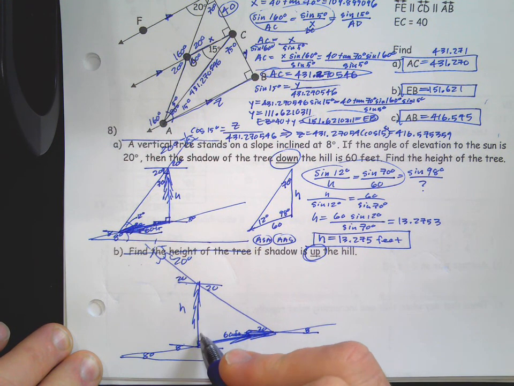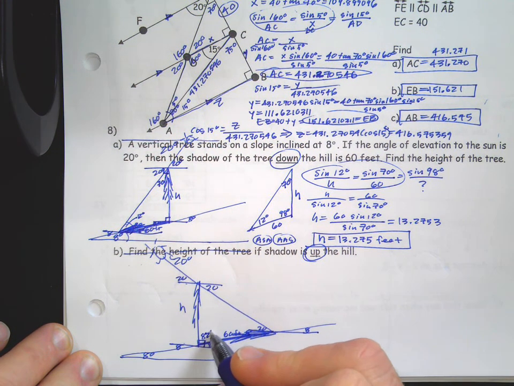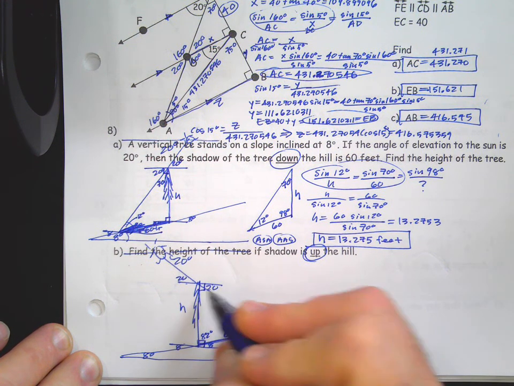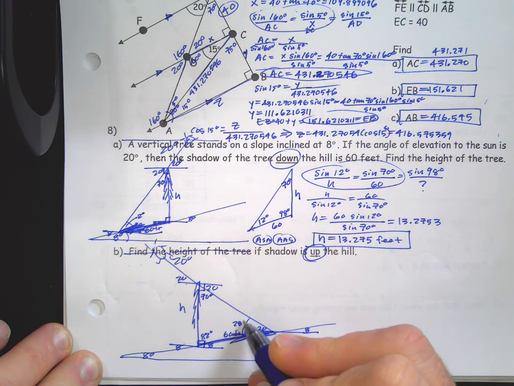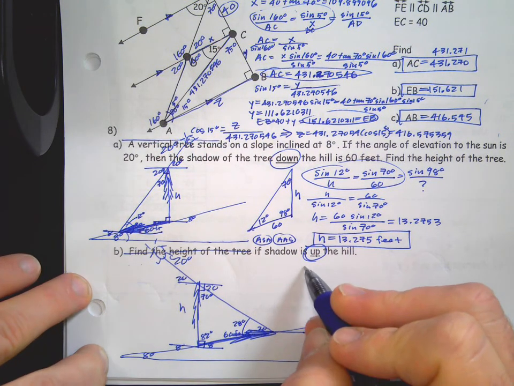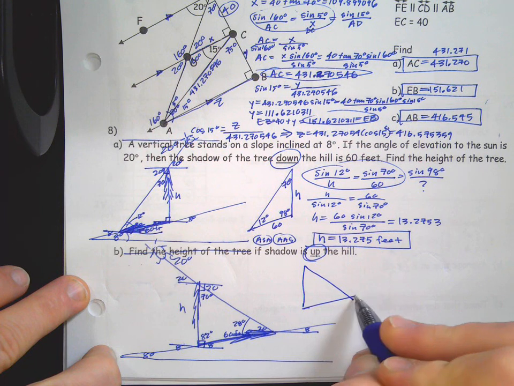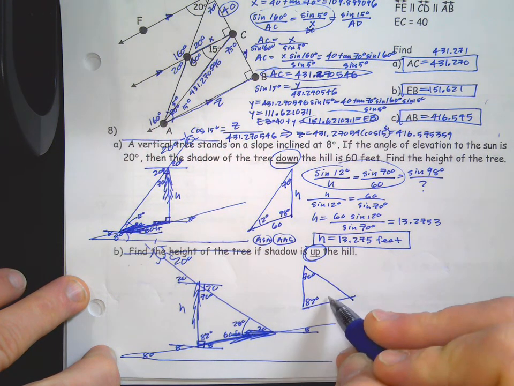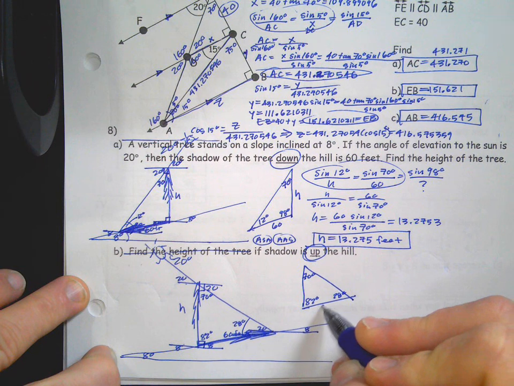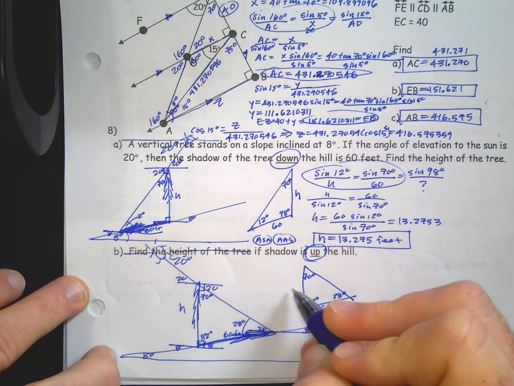If that's 8, that means there's 82 degrees left inside the triangle. If that's 20, these form 90 degrees, then that means there's 70 here. This is 20 and this is 8, so altogether that's 28. So I'm going to redraw my triangle. Say, okay, well, it's 82, 70, 28, 60 feet, and h.